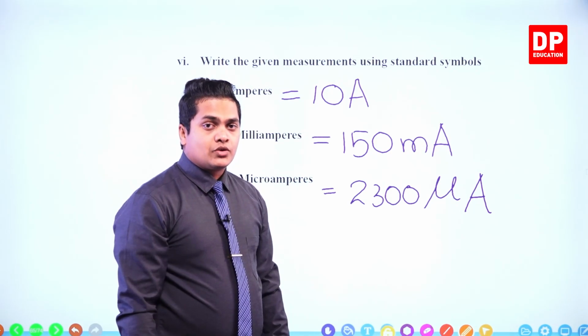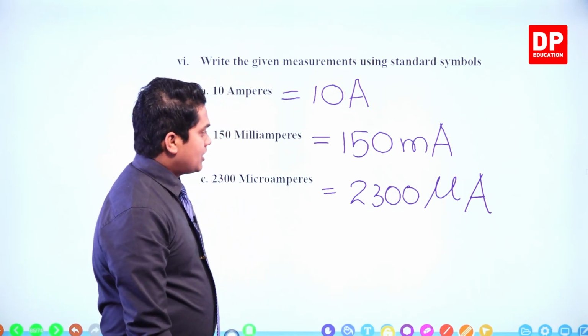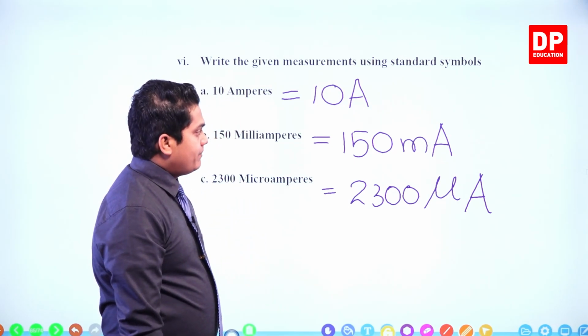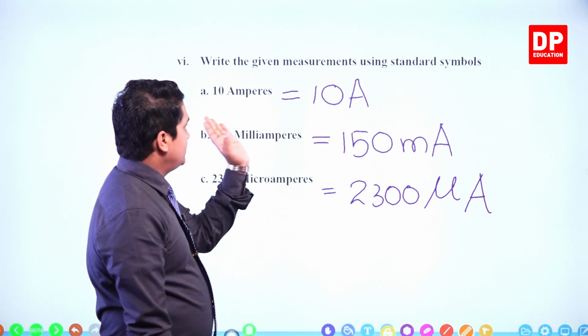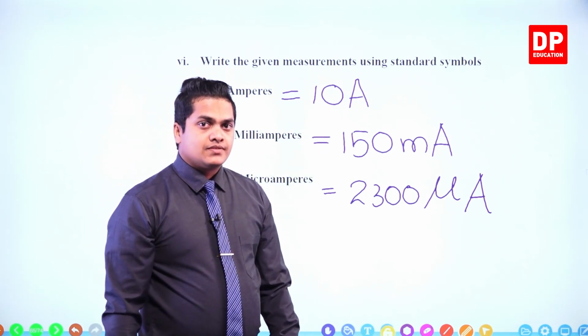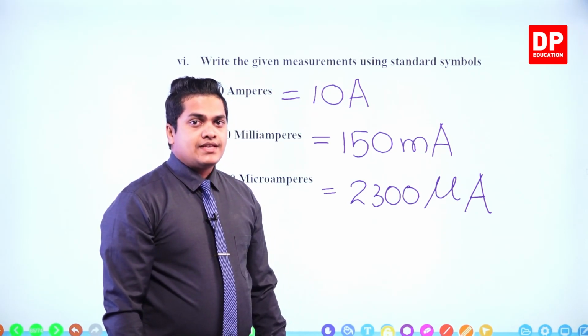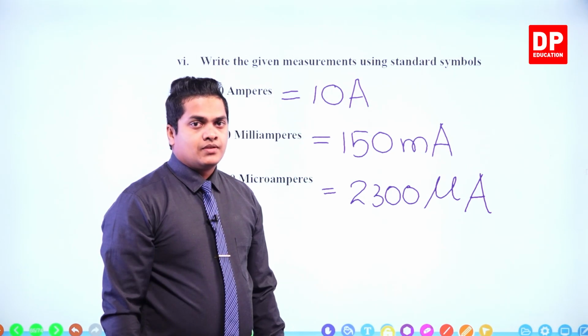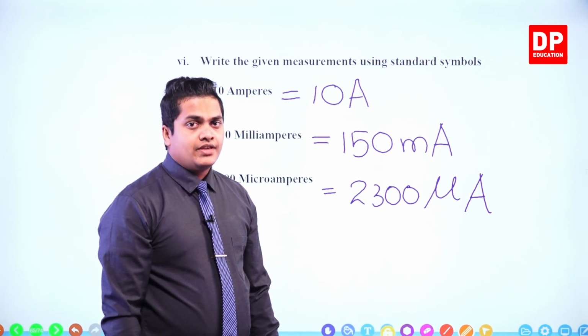To indicate microamperes, we use this mu symbol. So 2300 microamperes, 150 milliamperes, and 10 amperes. These are the standard symbols of the units given here.